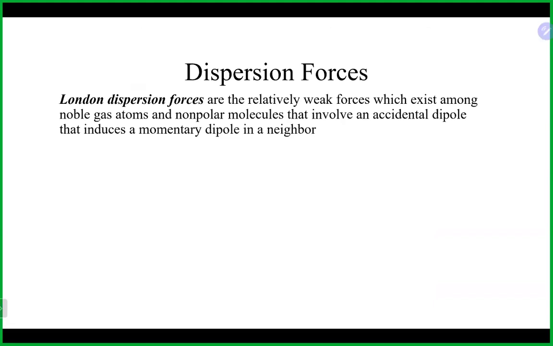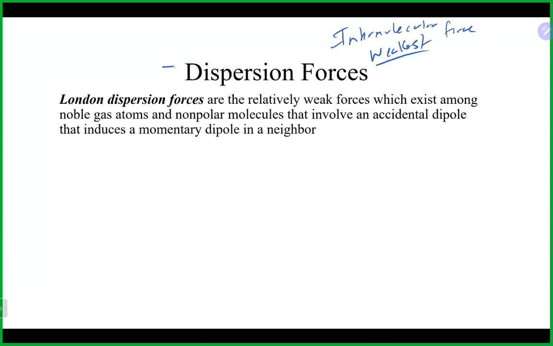Now, another type of intermolecular force is what is known as dispersion forces, sometimes called London dispersion forces. These are relatively weak intermolecular forces, the weakest type of intermolecular force you could have.